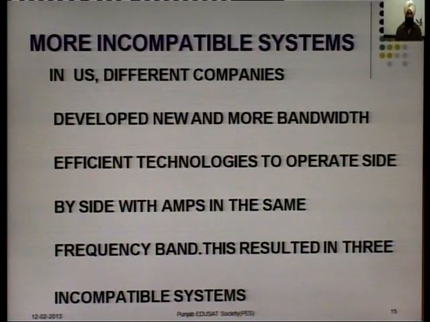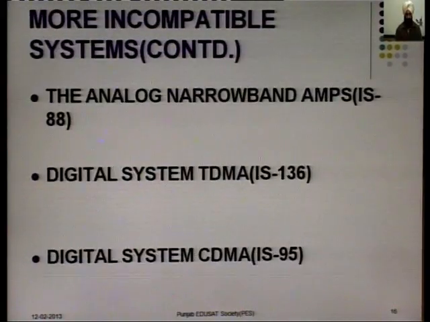This resulted in 3 incompatible systems: analog narrowband advanced mobile phone system named as International Standard IS-88, digital system TDMA International Standard IS-136, and digital system CDMA International Standard 95.